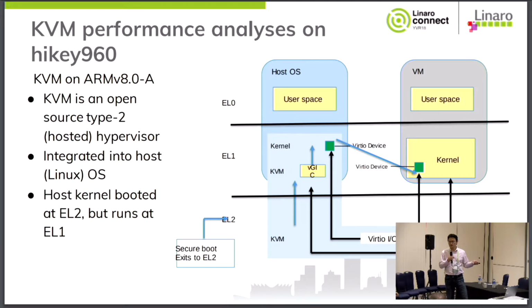It can reduce half of the traps between the host OS and guest OS. Currently we have the highvisor at EL1 and the lowvisor at EL2, so there is too much context switching. EL2 will save the EL1 context and switch from the guest OS to the host OS.